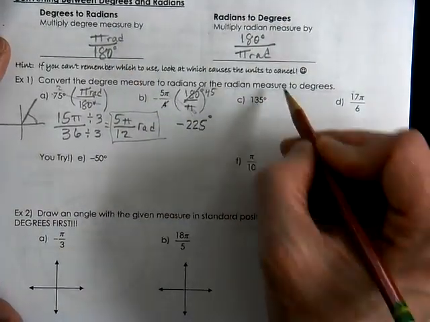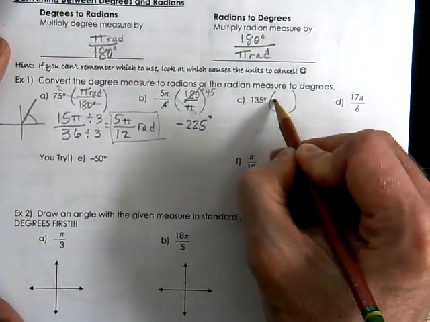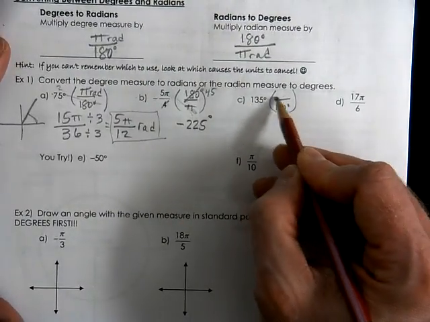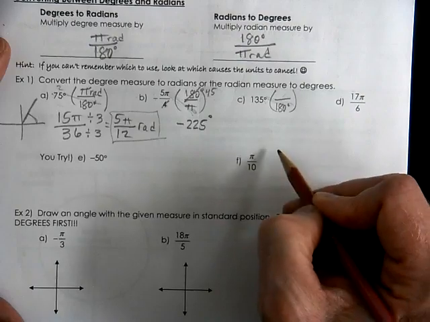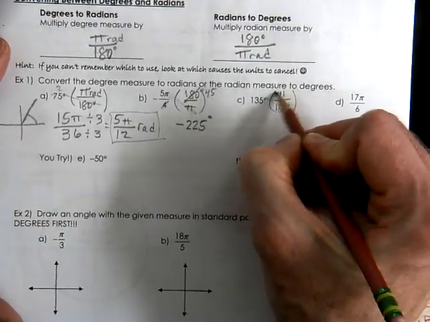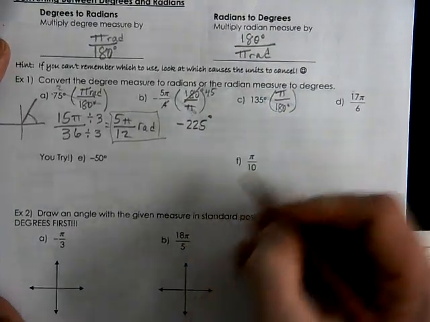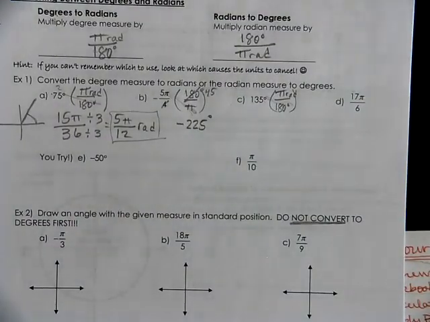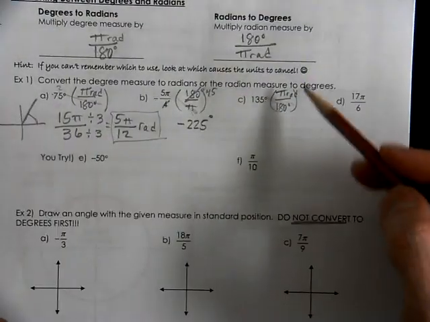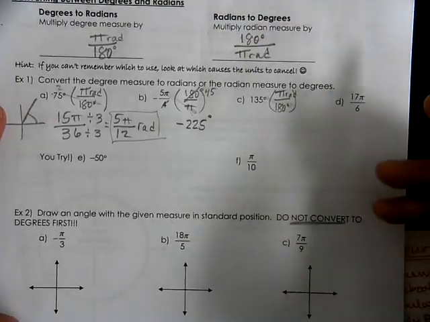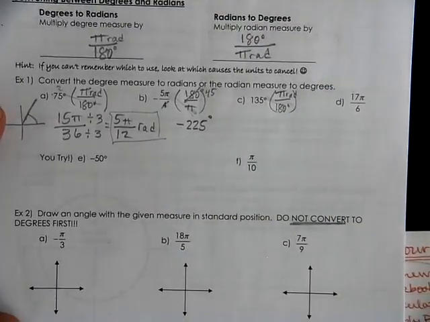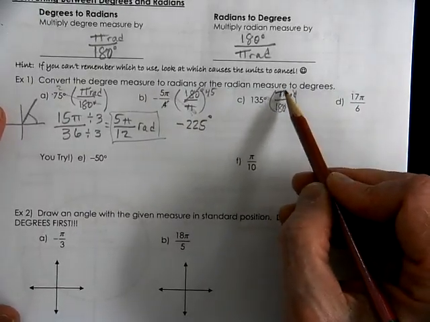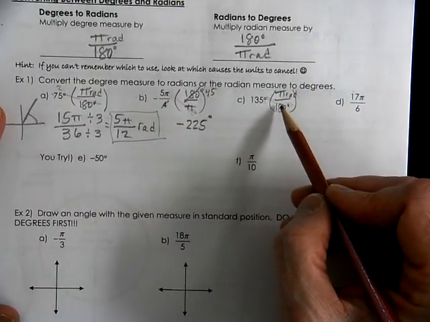I see that I have a degree, so I'm going to put my degree value on the bottom of the fraction because I want the degrees to cross out. I therefore have to put the radian value on top of the fraction because pi over 180 is the same mathematical value as 180 over pi. So you've got to decide which method you need to use.